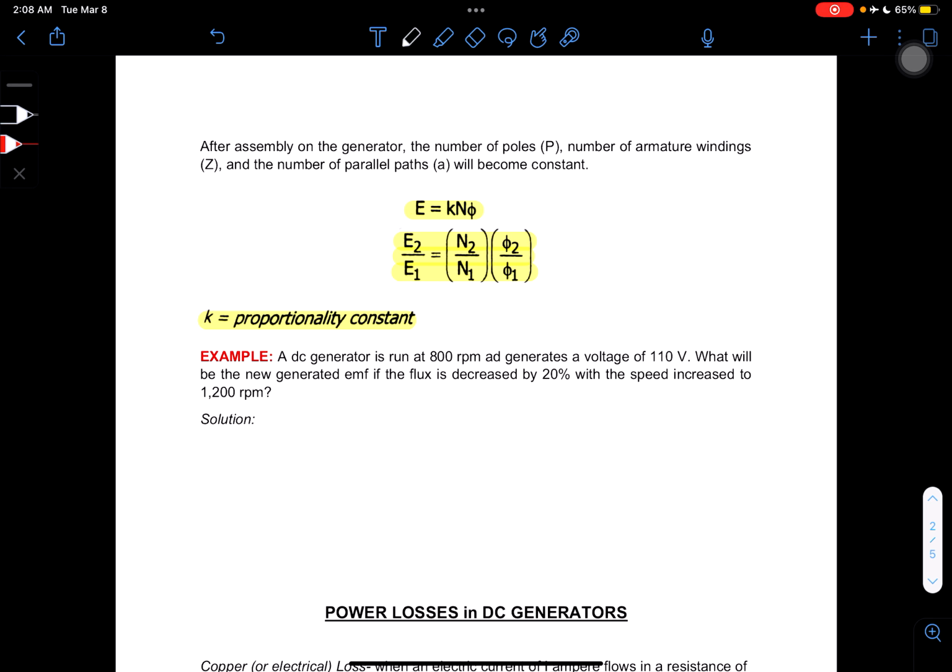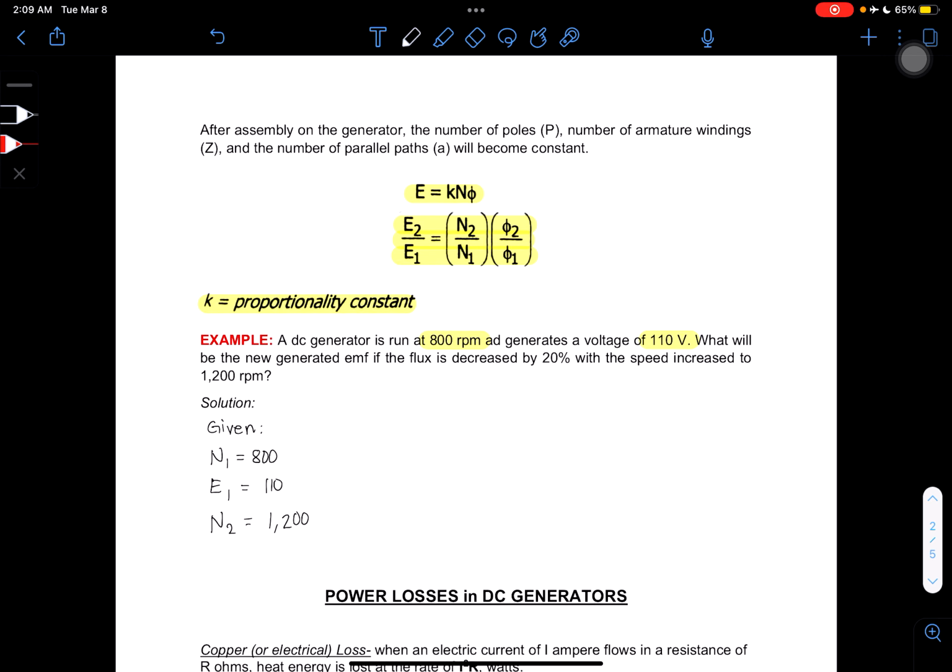So in the problem, we need to write first our given. The problem gives 800 RPM, so we have our N1. And our E1 is 110 volts. And we have our N2, which is 1,200 RPM.